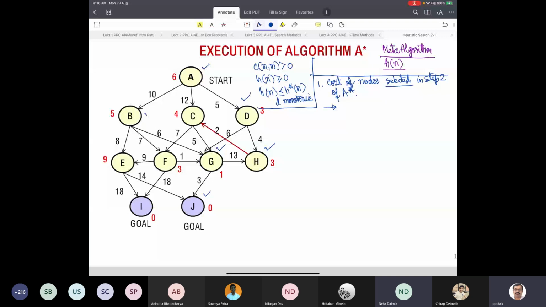Oh, F must be monotonically increasing. Right. The F values are monotonically increasing. Very good.